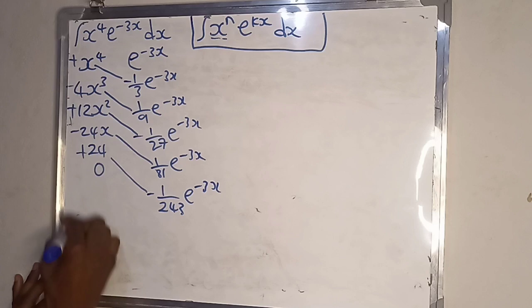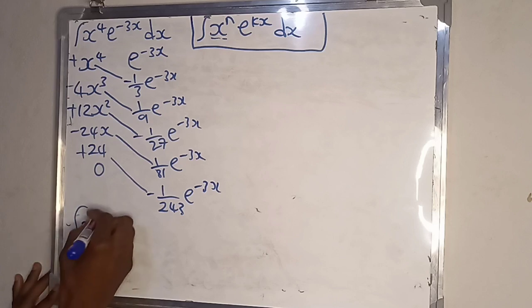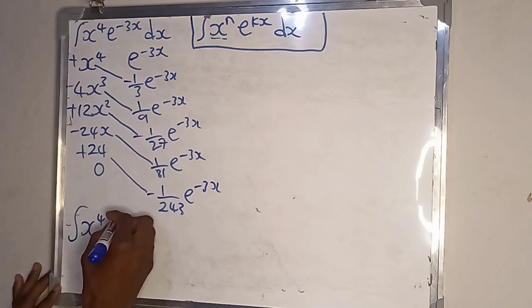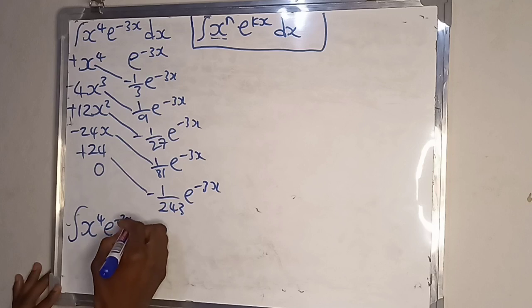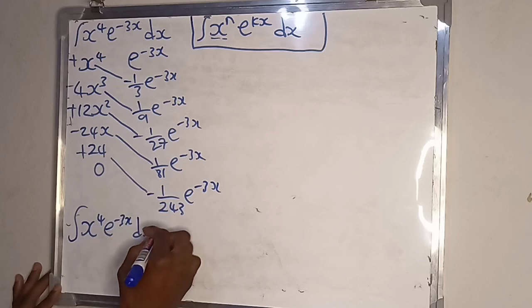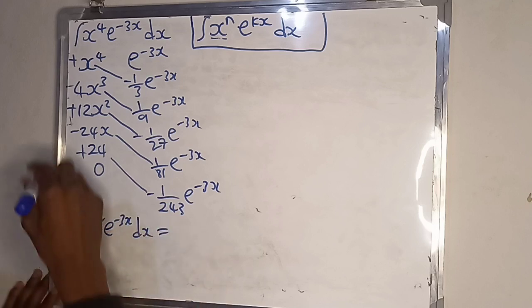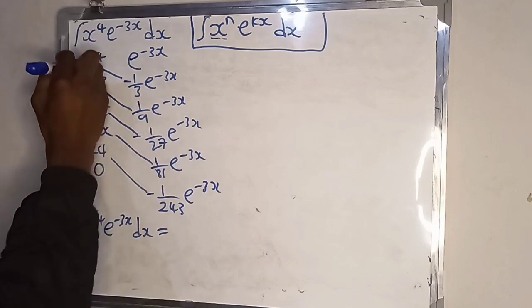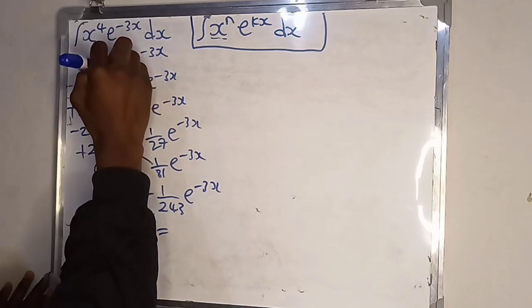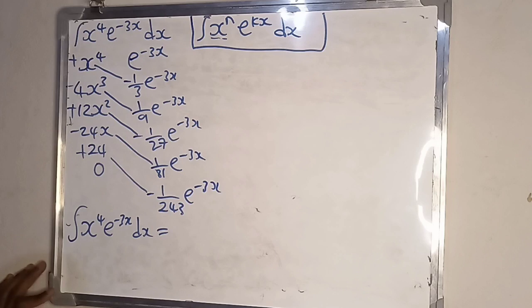So whenever we are integrating x to the power 4 e to the negative 3x dx, we are going to find our solution by saying x to the power 4 multiplies 1 over 3 e to the negative 3x.